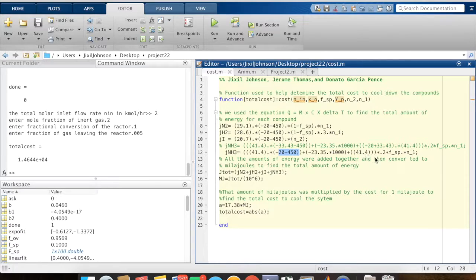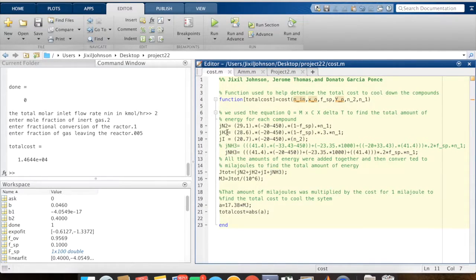Plus the heat capacity times the molar rate times the moles of ammonia. So why you have to do this is because you have to take into account the heat of vaporization that is going through the ammonia, and you have to multiply the whole thing by the number of moles as I have done so. And I added them all.